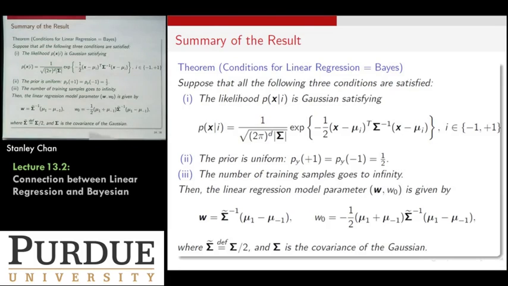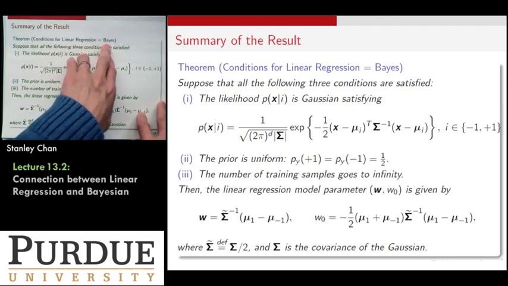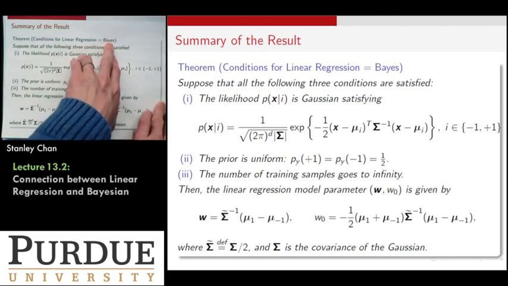If I can do that, then I will be able to perhaps draw some connections with the Gaussian Bayesian decisions. So here is a main theorem that we can look at. Under what condition will this linear regression equal your Bayesian decision classifier?